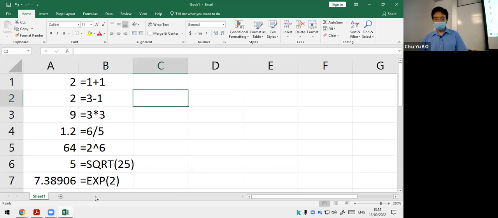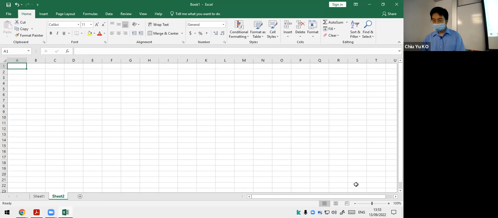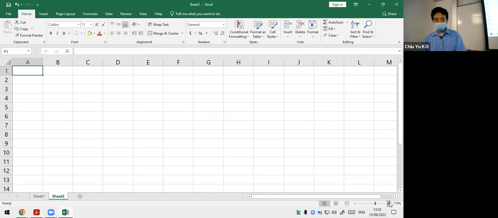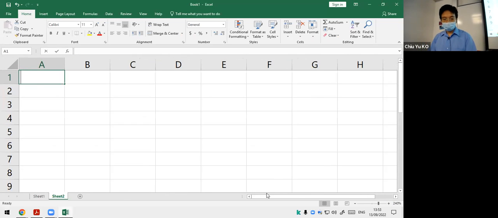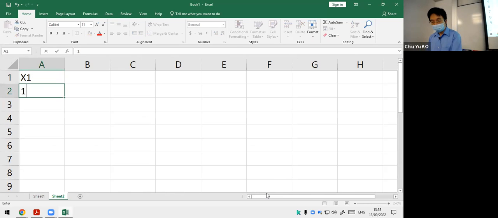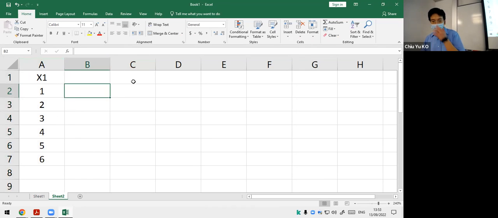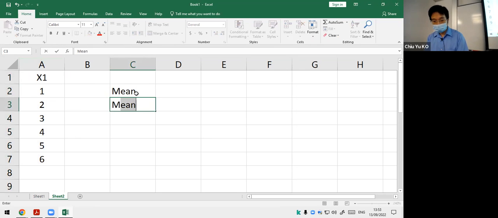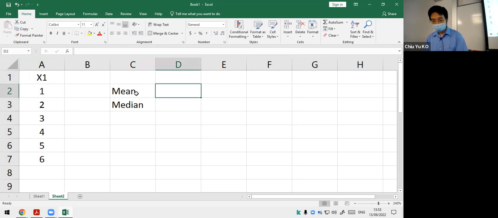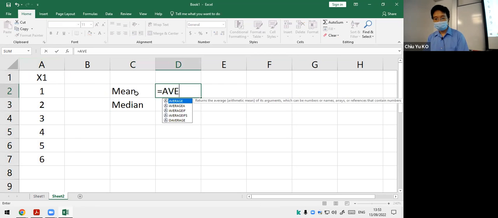So let me show you the slide here. Maybe bigger. Data set 1, X1 can be 1, 2, 3, 4, 5, 6. Make it center here. Then we can calculate the mean and the median, and the mean we call average.